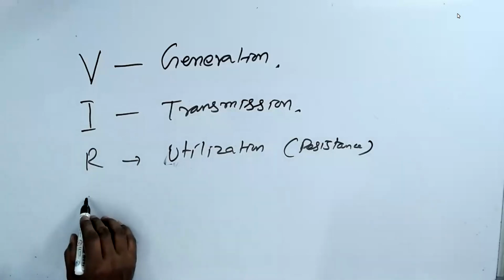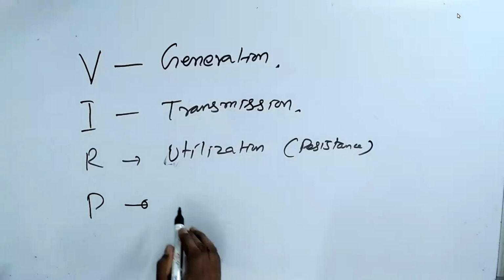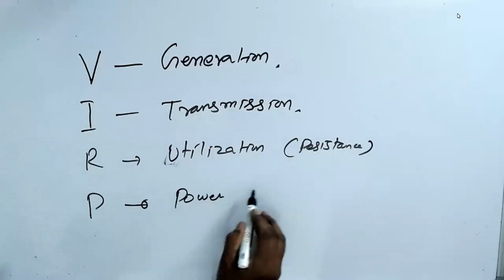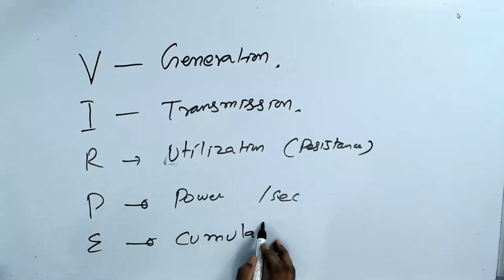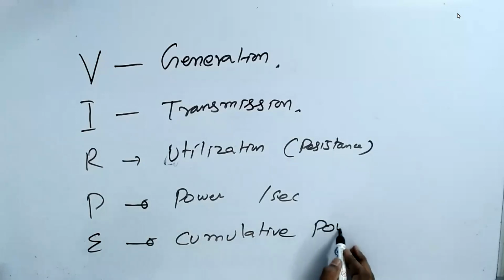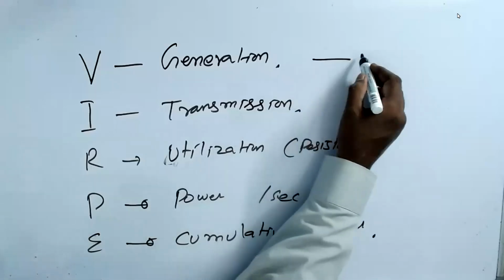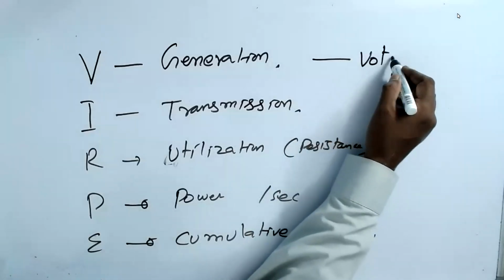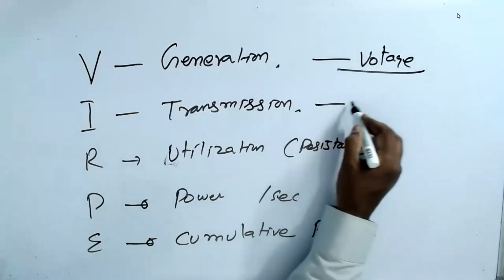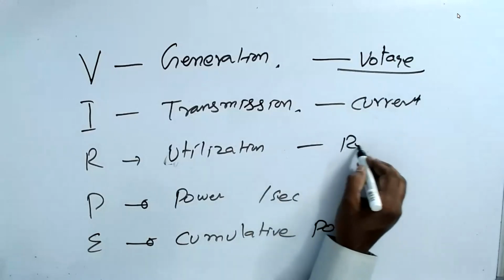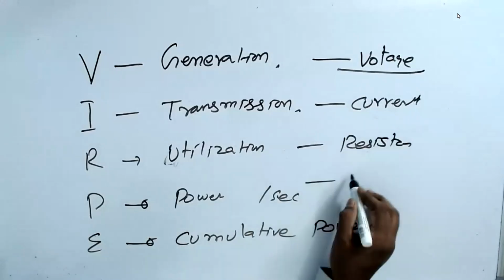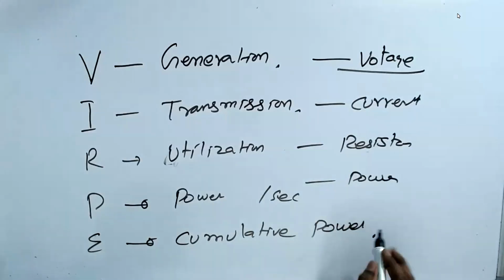And next one is power, per second always. And next one is energy, cumulative power. This is voltage. This is current. And this is resistance. This is power. Same. This is energy.